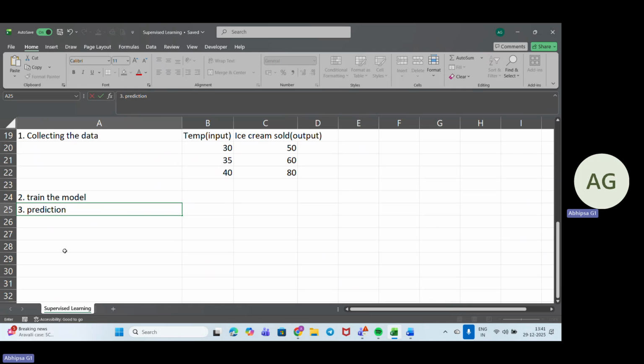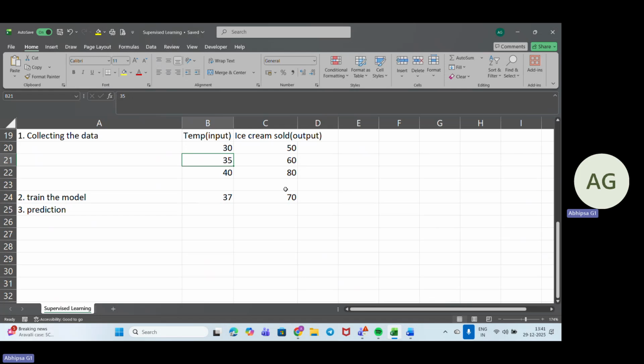My model uses the pattern it has learned and predicts that if the temperature is between 35 and 40, that is 37, the ice cream sold would be about 70, because you can see that at 30 it's 50, at 35 it's 60, and around 37 we'll get a number in between, right?